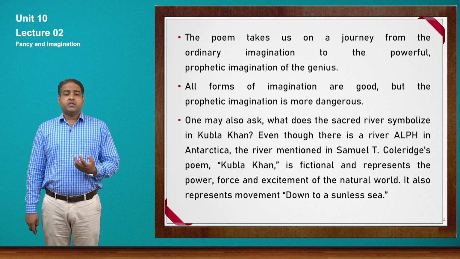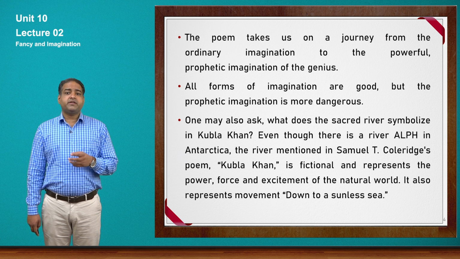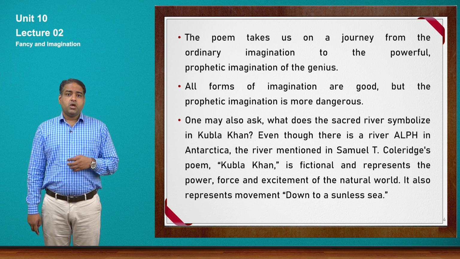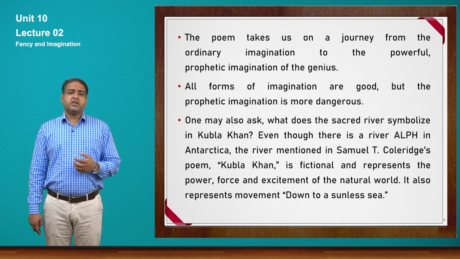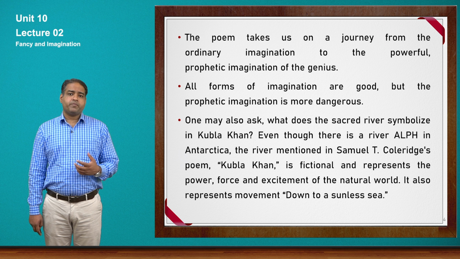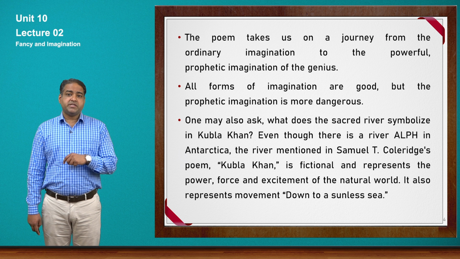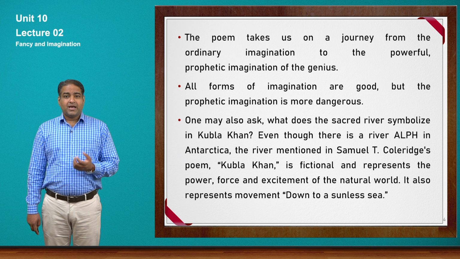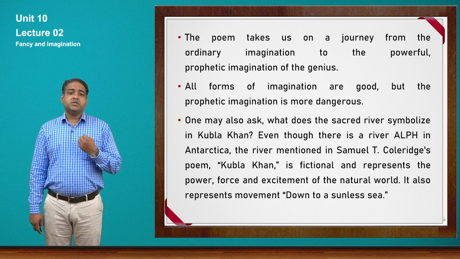Sunless sea means the sea is so dark inside, and in that darkness the river is going to meet the sea. Generally we say that the sun is the most powerful element on earth, but here Coleridge is trying to reverse it, and he is trying to say that the darkness, the sea, or the power of water is more important, is better than that of the sun.